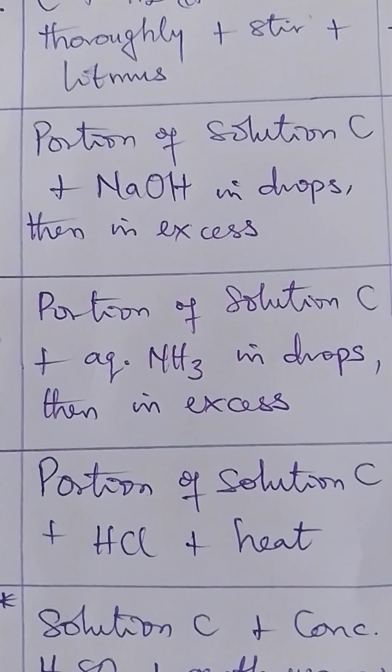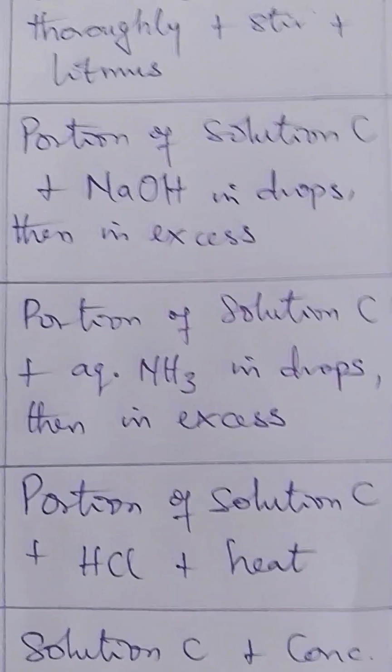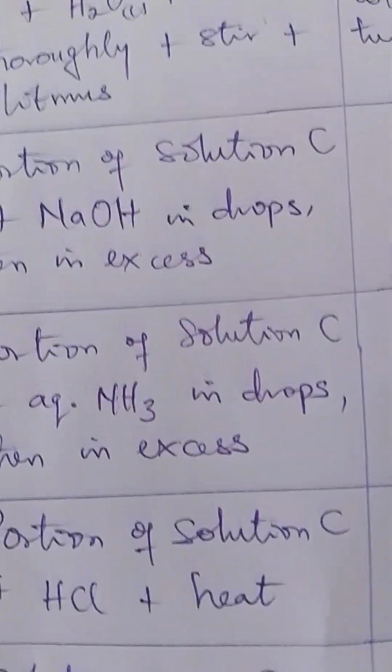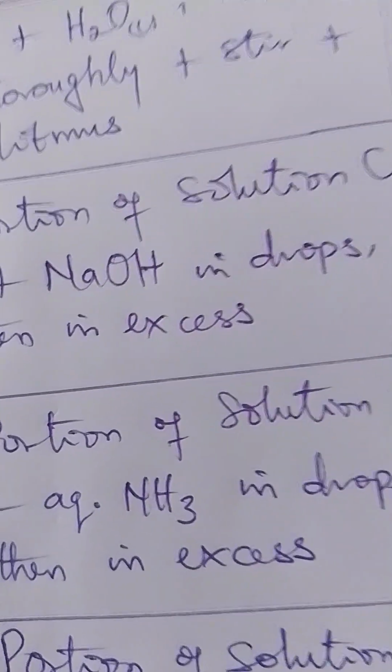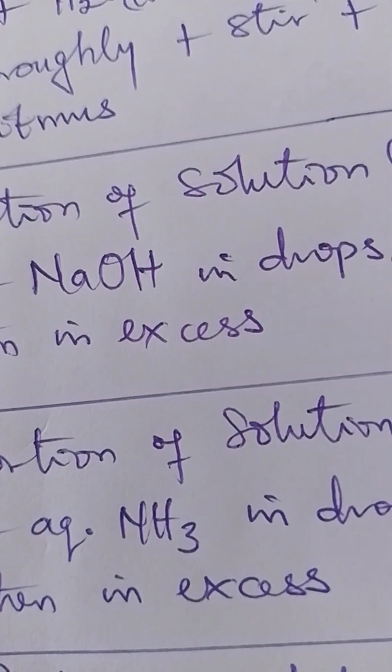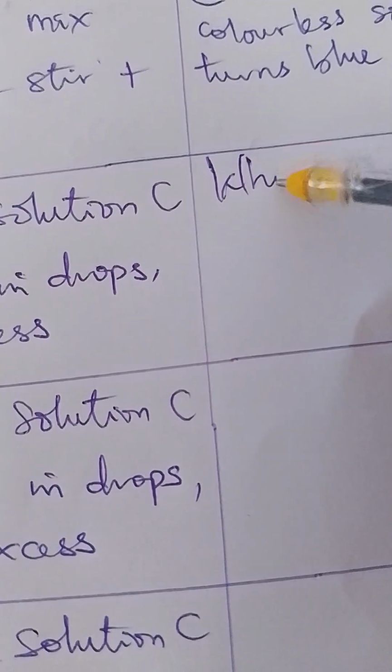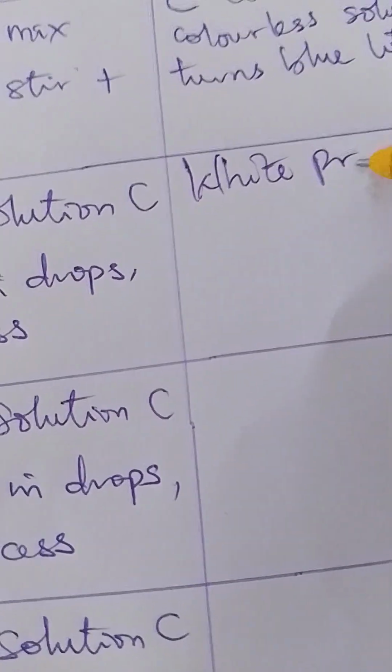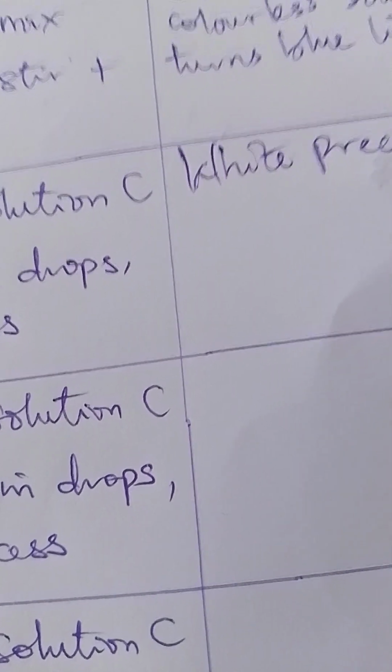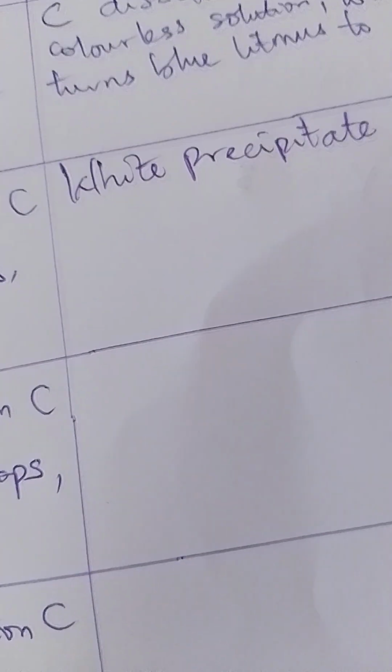So that portion of solution C plus sodium hydroxide in drops and then in excess. In drops and in excess. So if you put it in drops, you are going to observe white precipitate. We have been told to always write it in full. Don't write PPT.